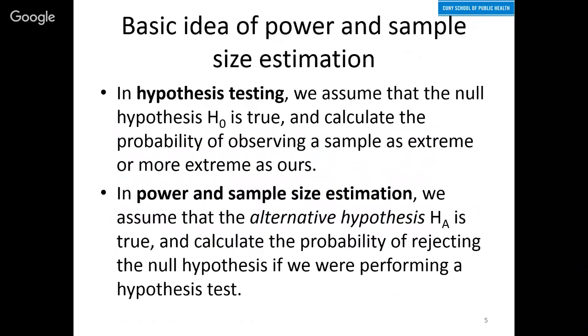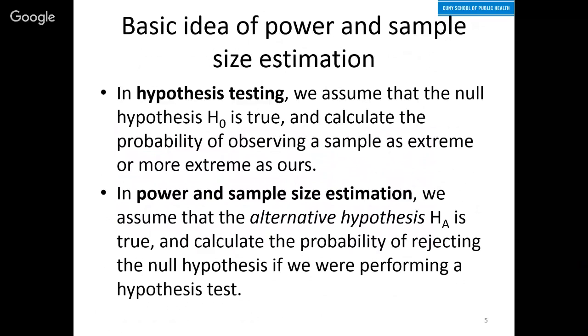And this differs in a philosophically important way from hypothesis testing. In hypothesis testing, we start out with the assumption that the null hypothesis is true and calculate the probability of observing a sample like ours or something more extreme. And you're all comfortable with that now, right?